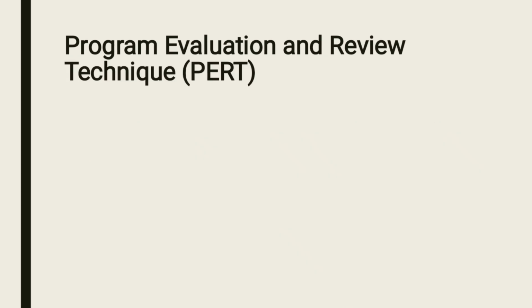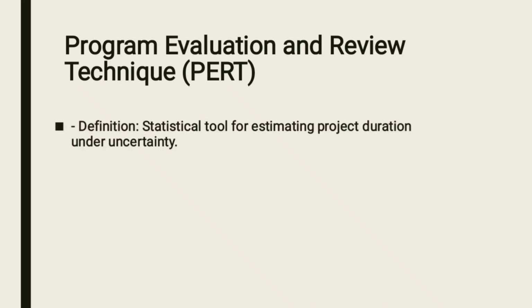Number one, let's understand this particular technique, that is Program Evaluation and Review Technique, known as PERT. This one is a statistical tool for estimating project duration under uncertain conditions. So on this one, you are given data, and from that data, you are able to analyze it to come up with the time for your project.